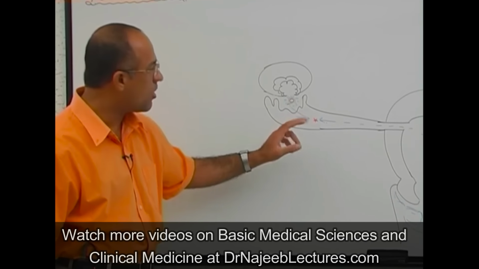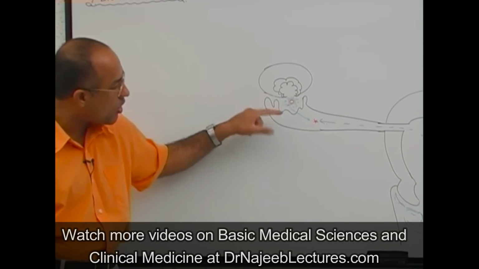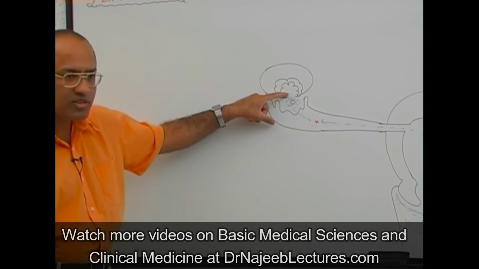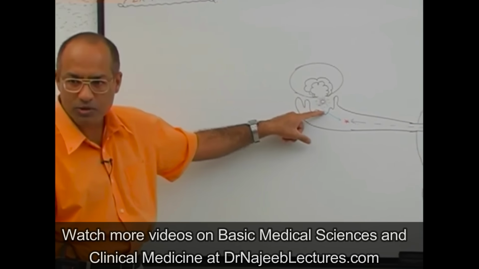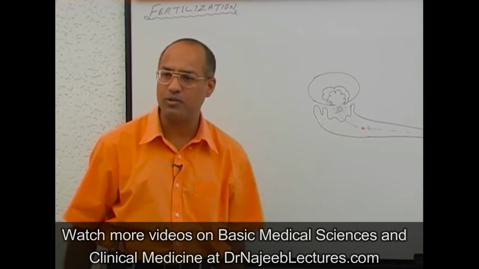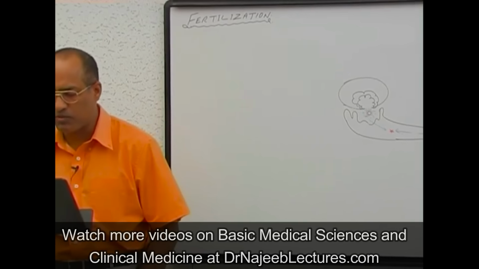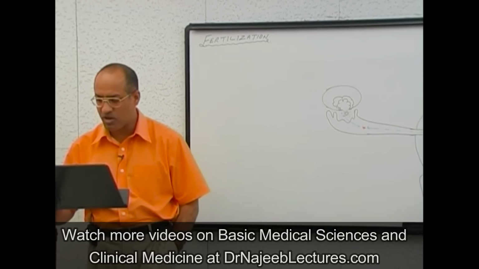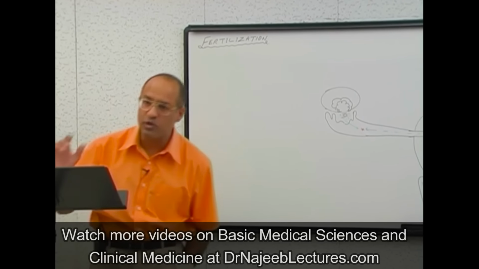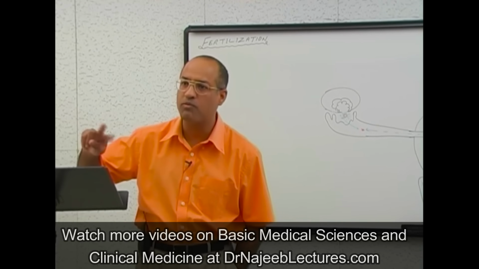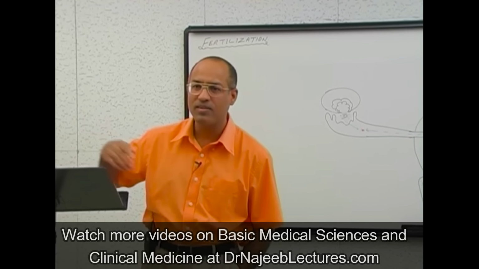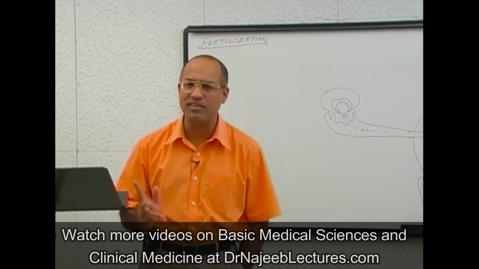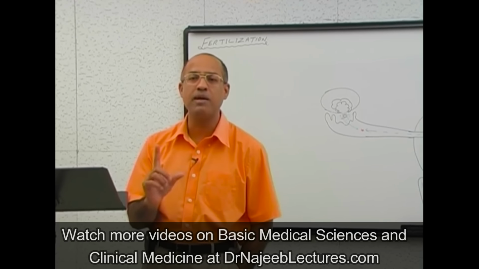Now, we have learned how ovum is picked up from the surface of the ovary into the fallopian tube. Then it moves a little into the fallopian tube. What is the mechanism of transport of ovum within the uterine tube? Your uterine tube and fallopian tube are the same. Ciliary movement does not play a major role.